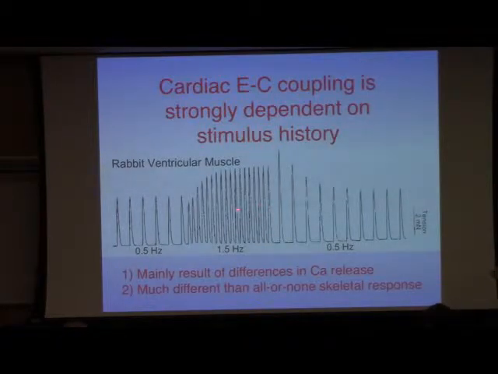So here when we slow back down, you get a funny transient, which you don't have to understand, but then you go back to a lower level. So, as I was saying, skeletal muscle is more like all or none. It doesn't matter how fast you pace it, you get sort of the same thing. Cardiac, it's clear that part of the way you modulate it is by speeding up the heart rate.